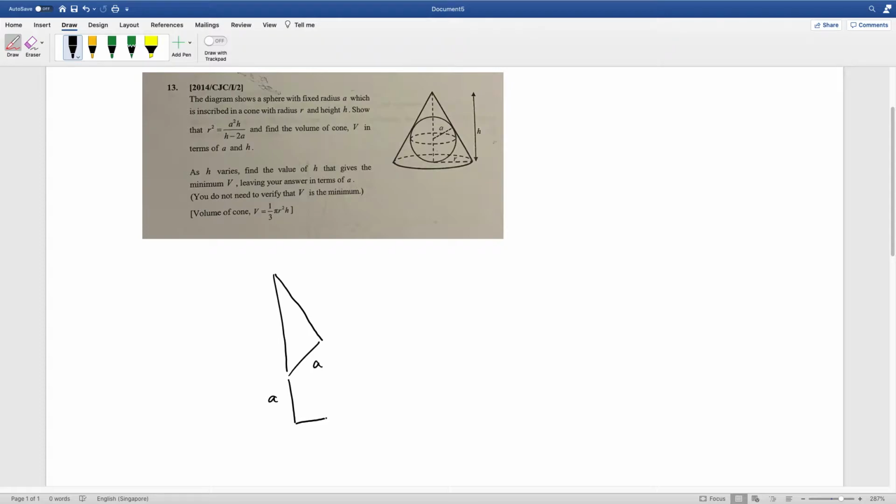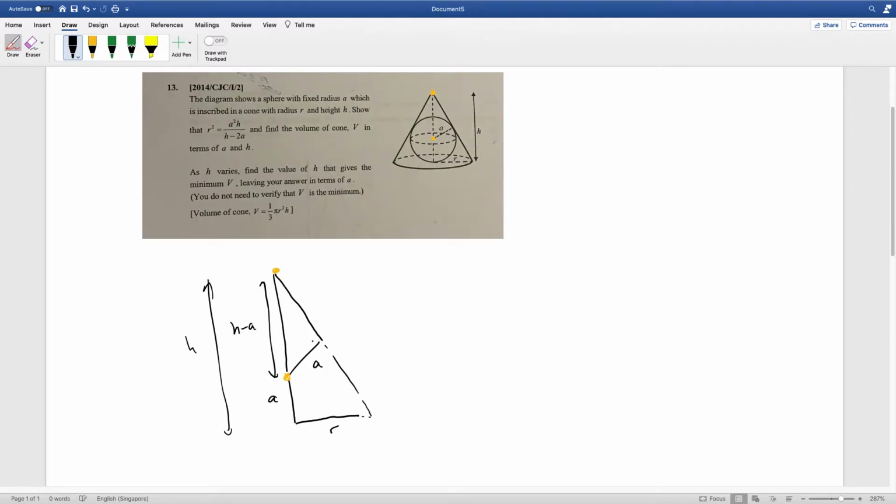Then this is the bottom of the cone, R, and this extends down as part of the cone, and the entire thing is height H. So this distance is H minus A, the distance from the top of the cone to the center of the sphere.